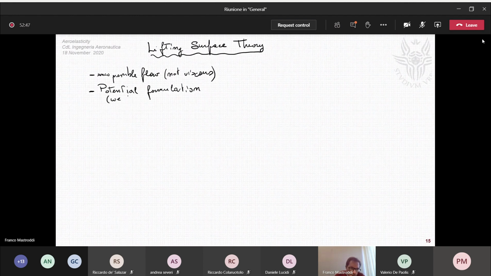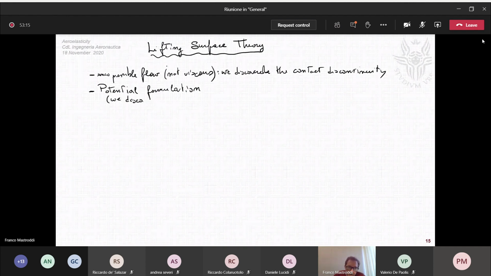We discovered here the wake. We discovered the contact discontinuity. Here we have presented our model in terms of pressure, velocity, physical variables in stage 1.